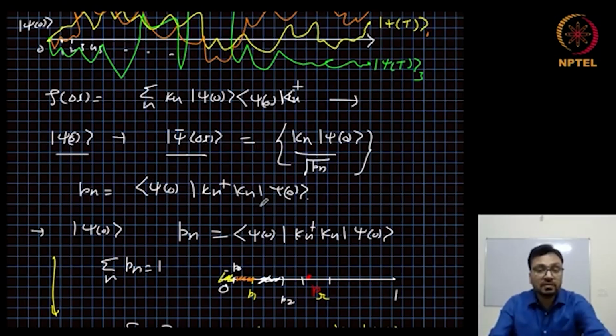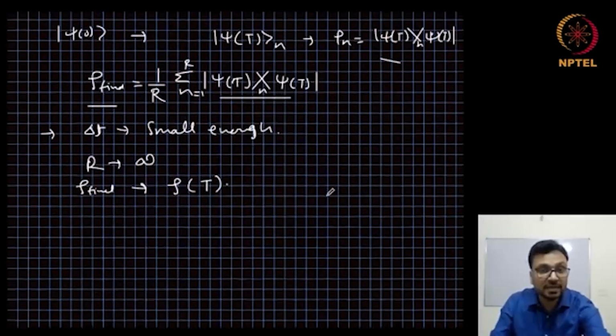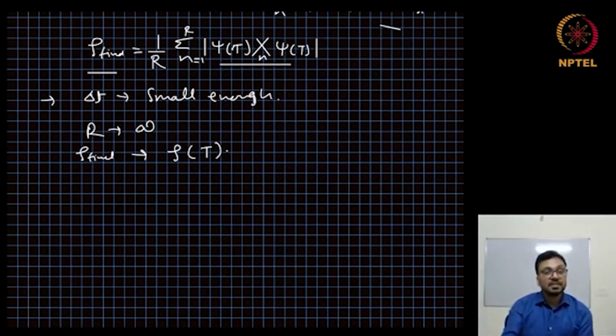And if we want to calculate not the state but some other quantity like the average or expectation value of some operator, let us say we want to calculate the expectation value of operator A at time t, then the expression for it is the trace of A times rho of t.